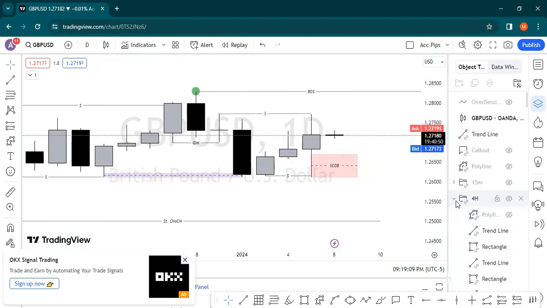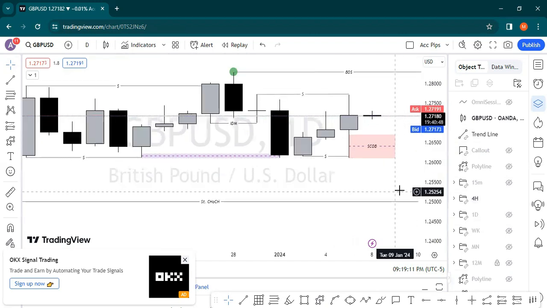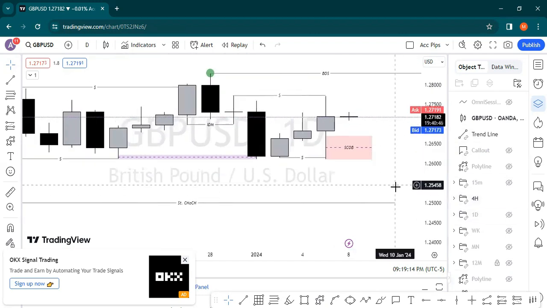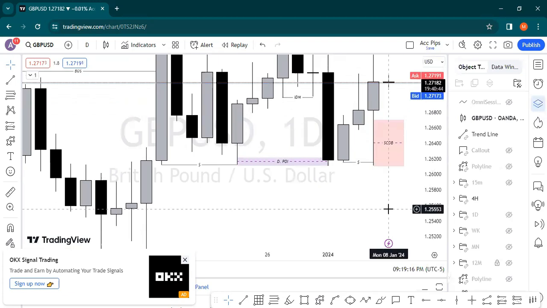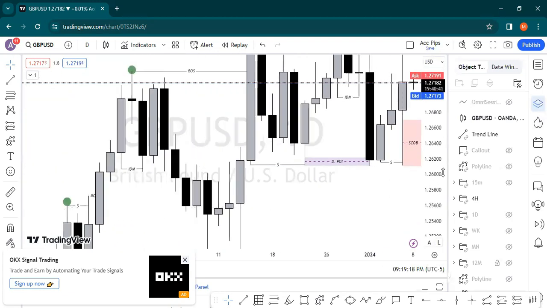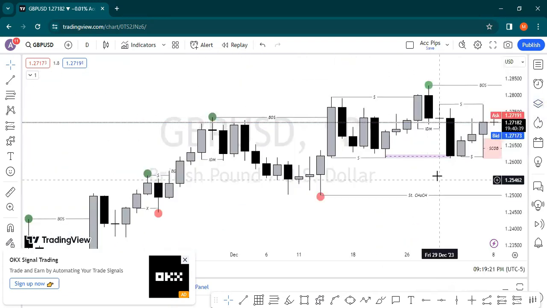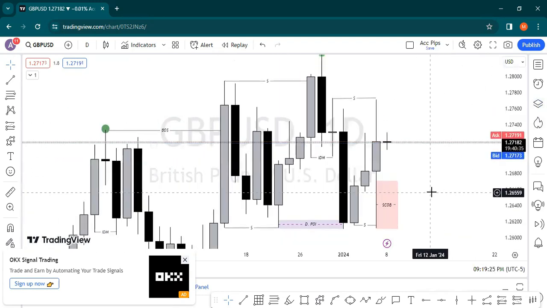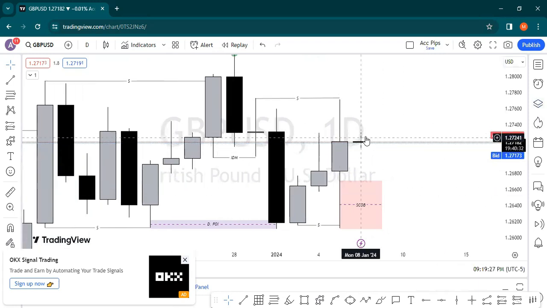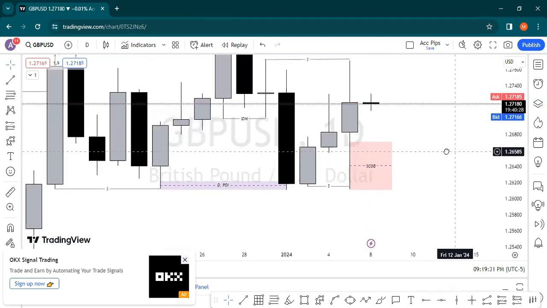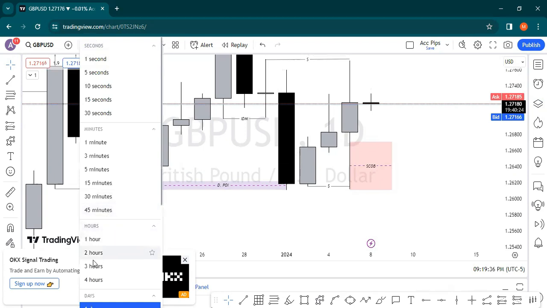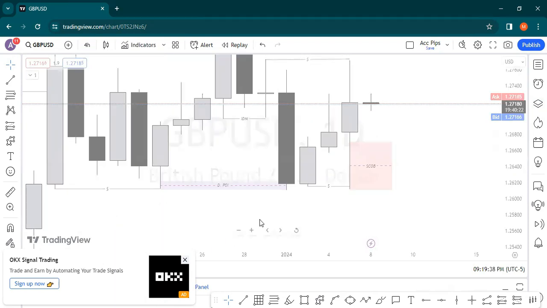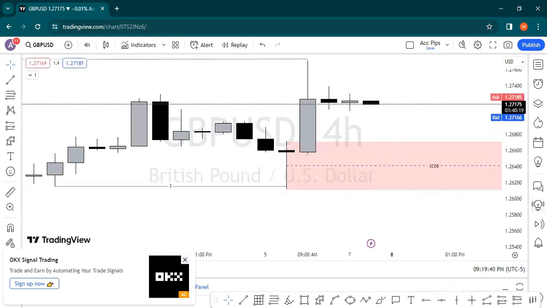All right. Okay, so I'm expecting the H4 candle over here to tap into this hidden zone we have over here. Let me change the time frame to H4. Sorry guys, so that you can see well.